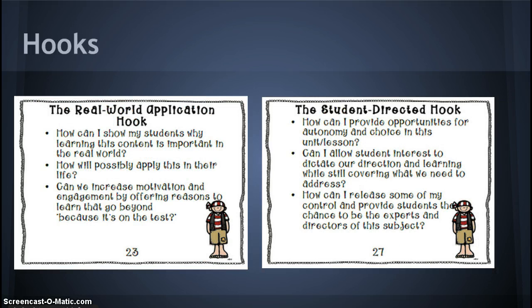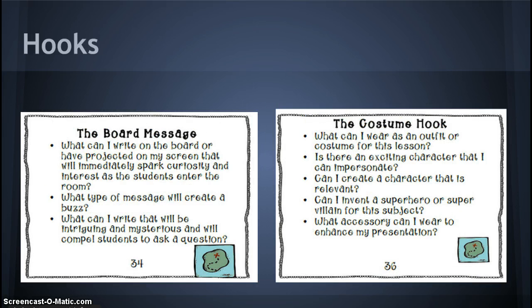There's the real world application hook and the student directed hook. How can we provide that autonomy and choice? There's the board message hook. What am I writing on the board? And then the costume hook. Who doesn't love to dress up in costumes?